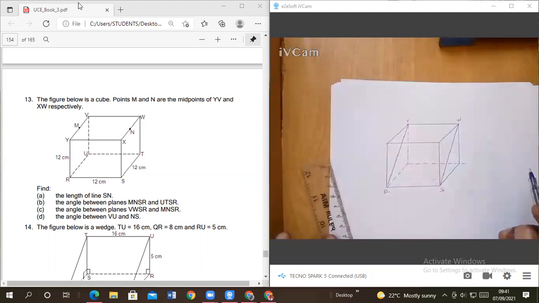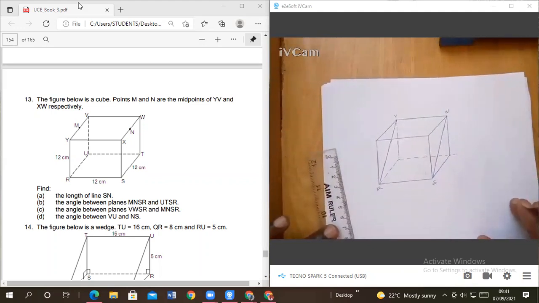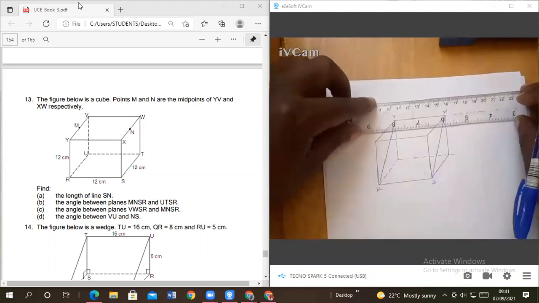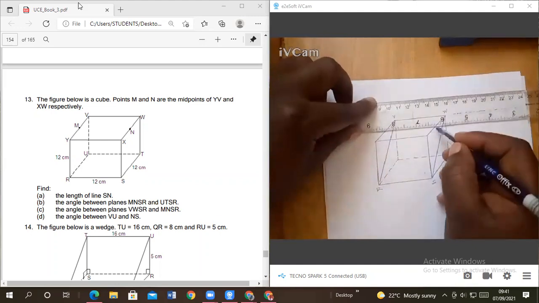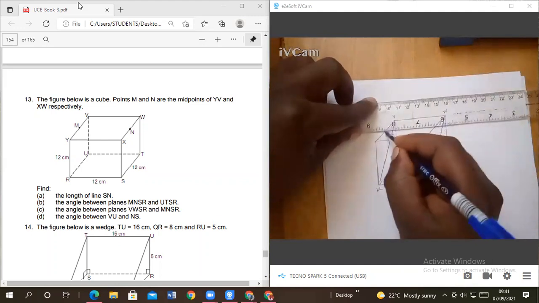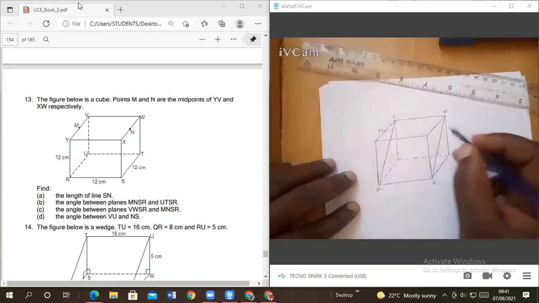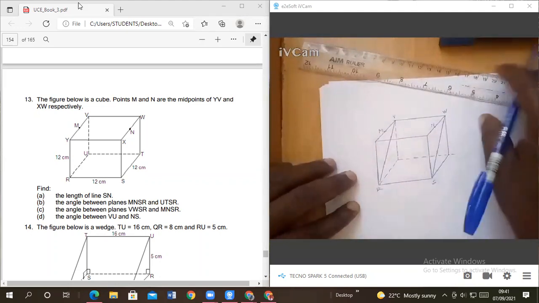That's the plane VWSR. And the other plane we are talking about is MNSR. So I'll first draw my MN here. It's in the middle. So this is M and this is N.